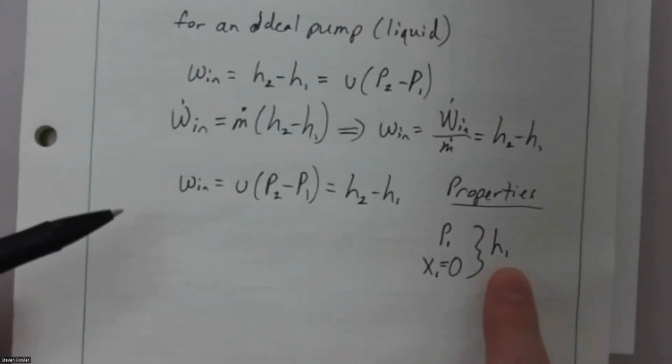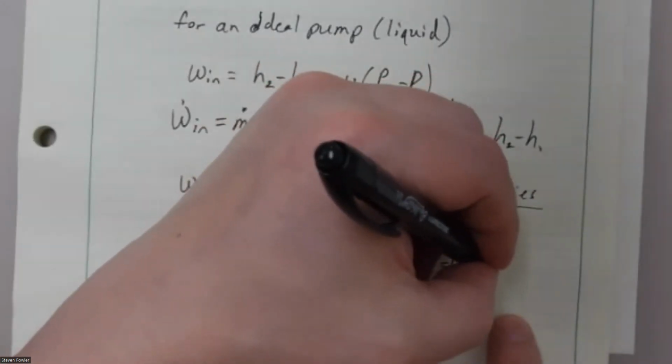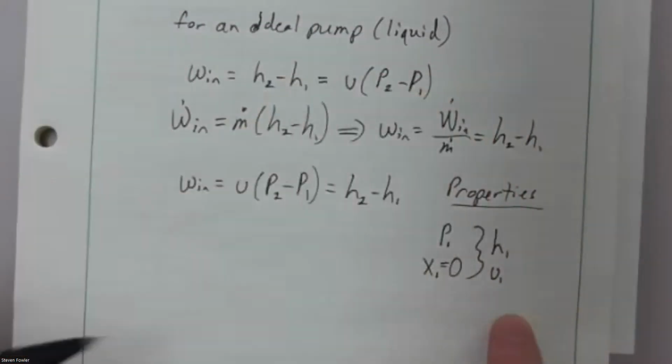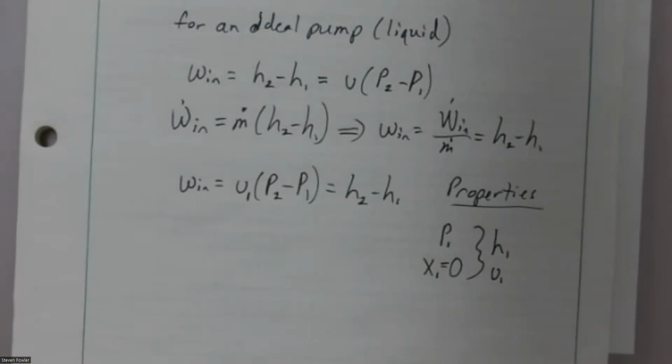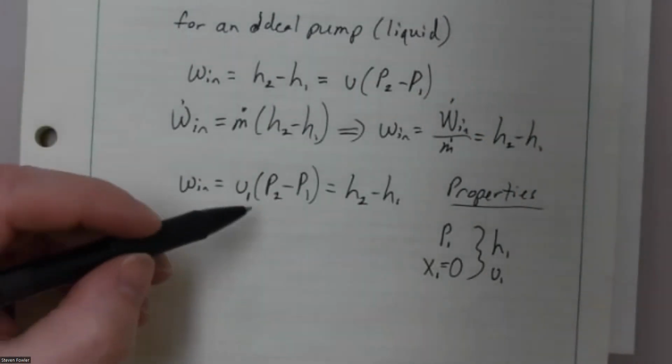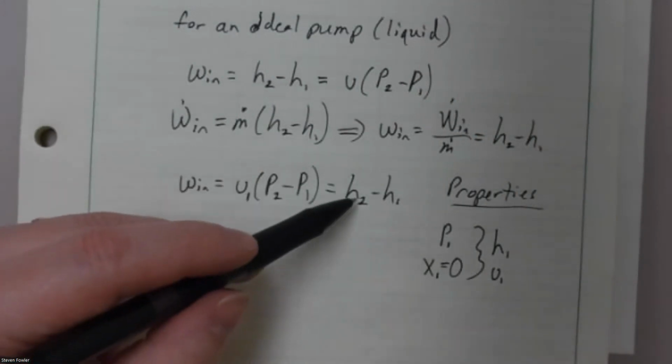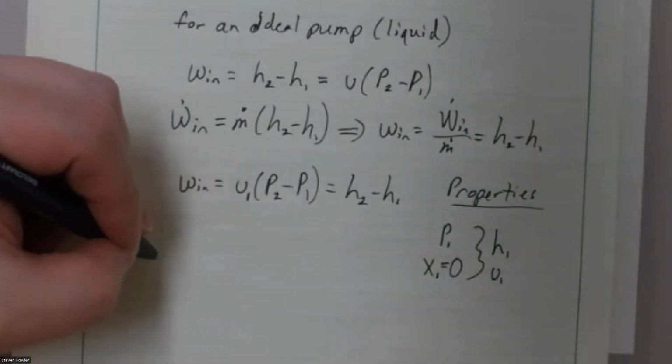Given H1, I can also go ahead and use V1 here. I can assume that the specific volume is going to be reasonably constant, because it's like the density of liquid water, it's not going to change much. So if that's V1, then H2 becomes my only unknown here.